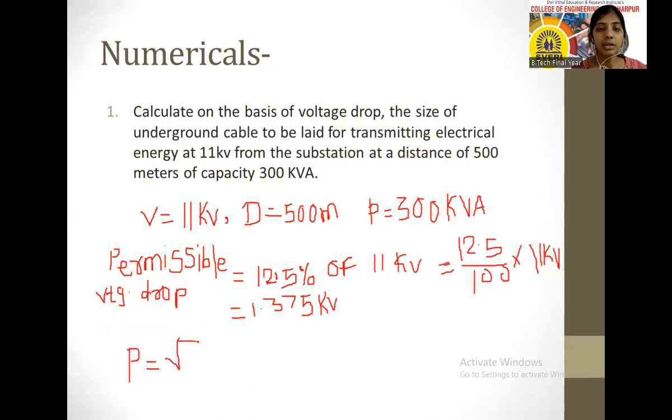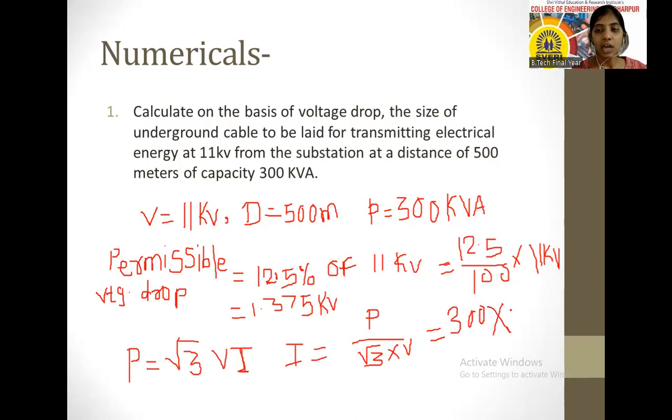So P = root 3 VI. Just by rearranging the formula, we can calculate the current: P divided by root 3 into V. The total power is 300 kVA, so 300 multiplied by 1000, divided by root 3 into 11 kV, that is 11 into 1000.